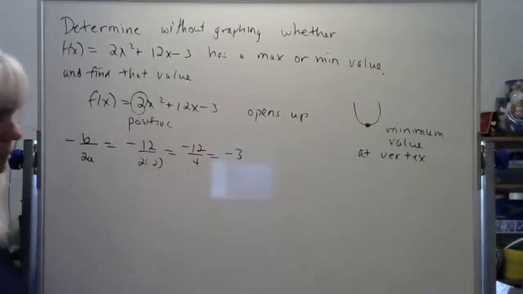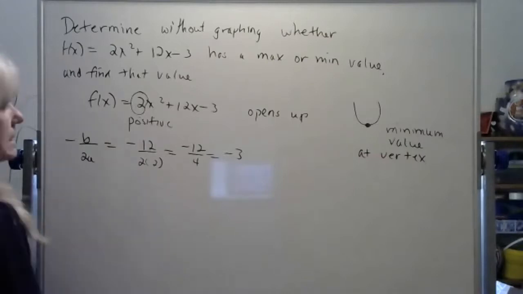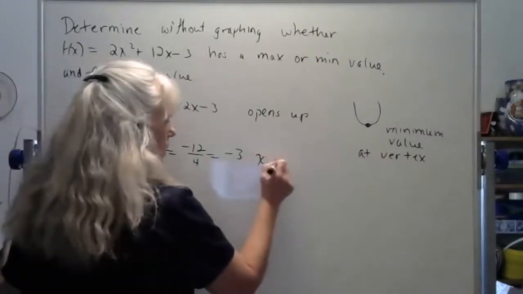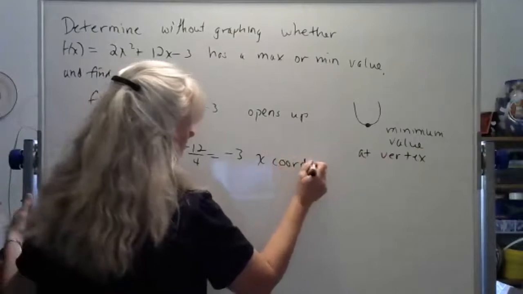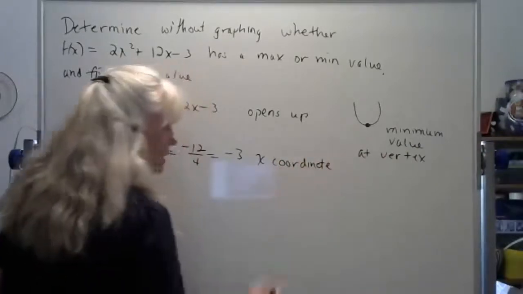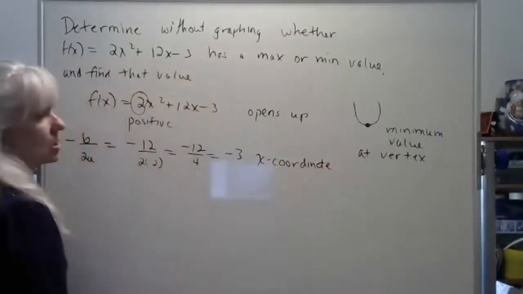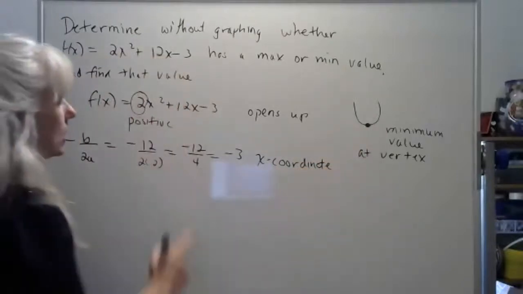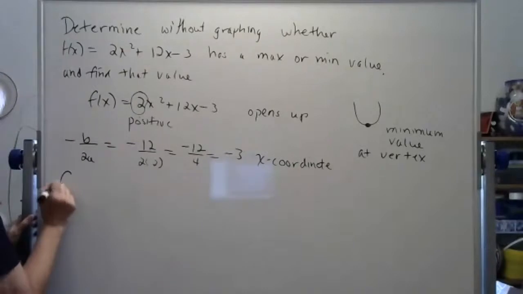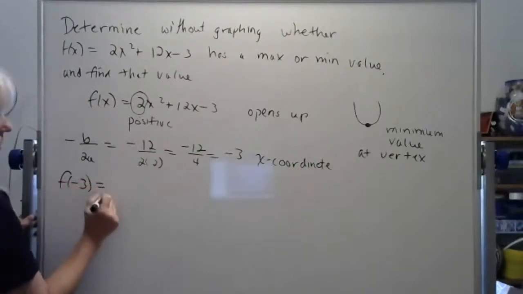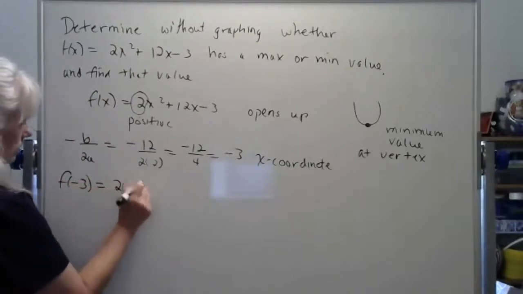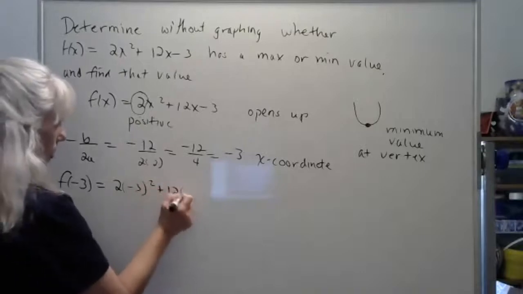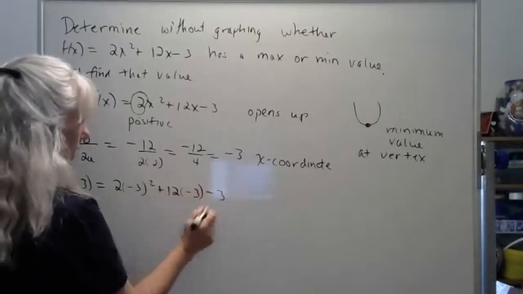That does not always happen, believe me. Okay, well, that's the x-coordinate of the vertex. That x-coordinate doesn't tell me anything in terms of that being the largest or the smallest y value. So you have to plug that back in. So we're going to do f of negative 3, and that'll be our final answer.